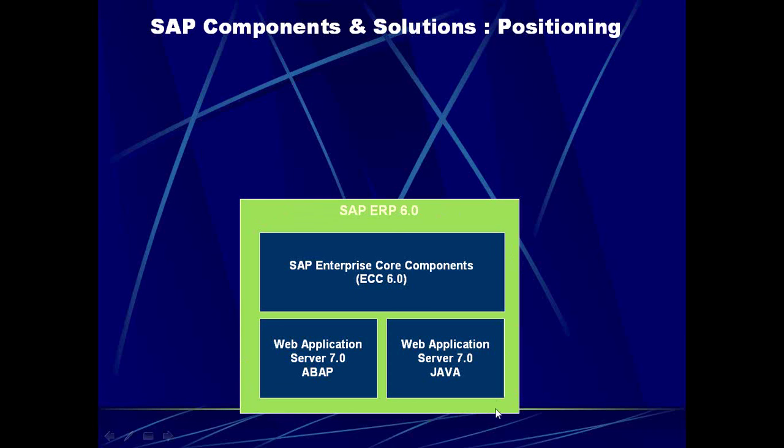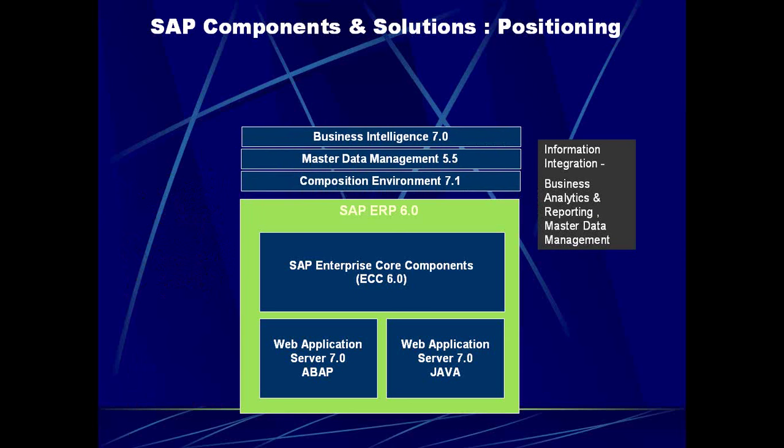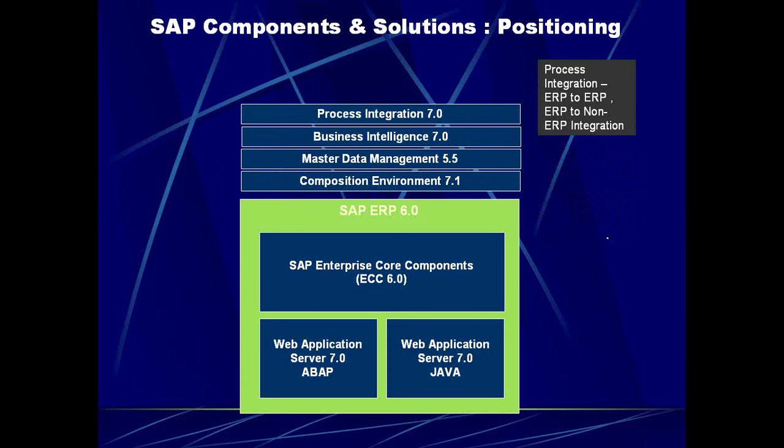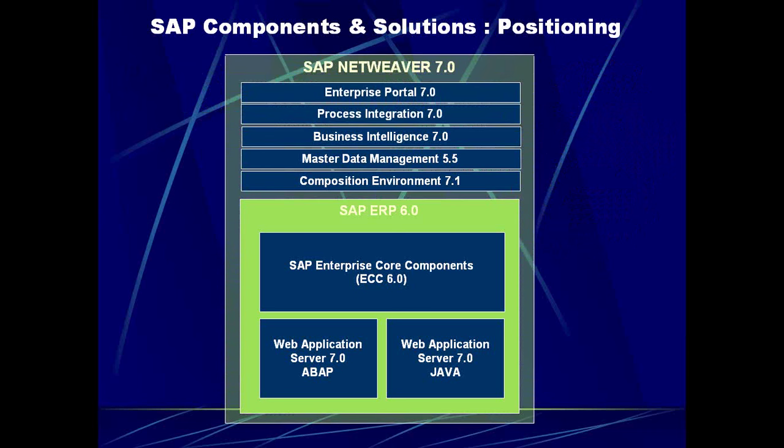If this entire green layer, meaning ECC and ABAP and all this, is not working properly, then the top layers, that is the composite environment and SAP products like MDM, PI or BW, process integration, and EP, enterprise portal, will not work properly.